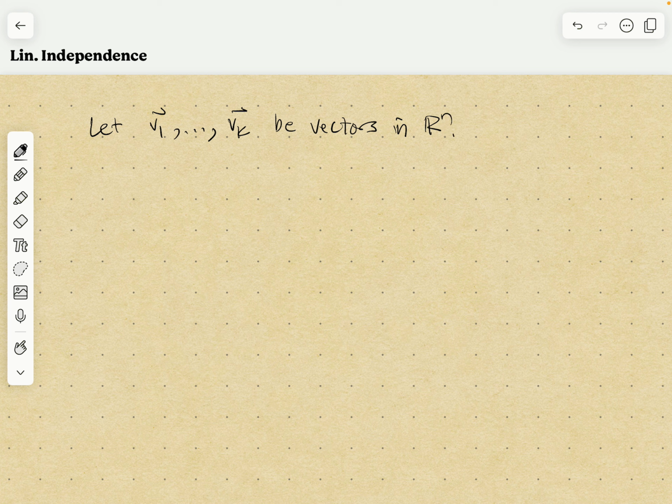Well, we know in the context of linear combinations, we saw that a linear combination is just when you take a scalar multiple of each of the vi's and then add them up. Now, what if you have a linear combination? So consider this equation: c1v1 plus dot dot dot plus ckvk. So this is your general expression for a linear combination equals the zero vector.